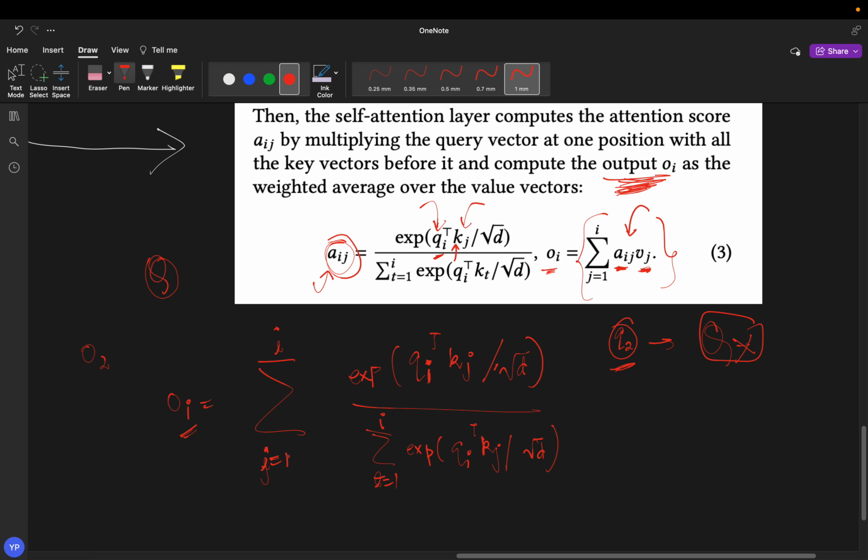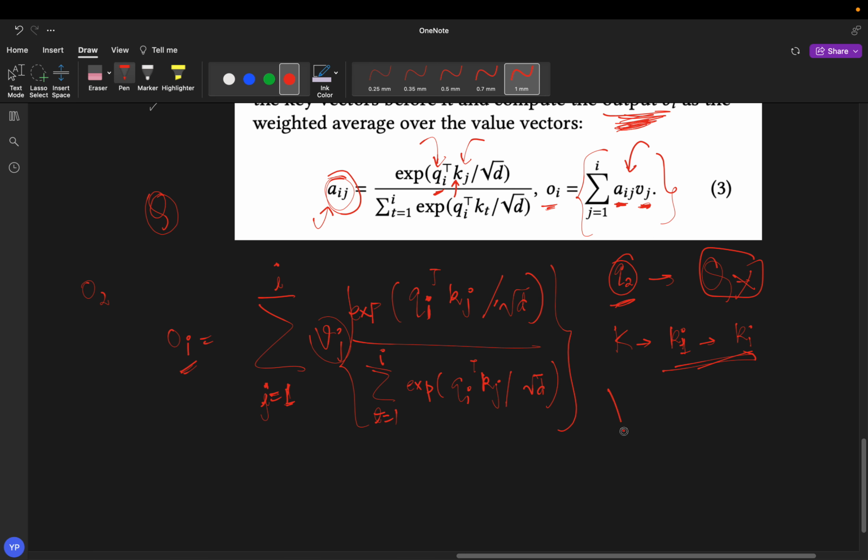For j, you're iterating from 1 to i, over all values of K, from K1 to Ki, and again this whole thing is multiplied with Vj. So again you're iterating over all the values of V.